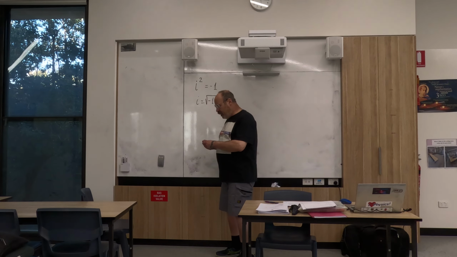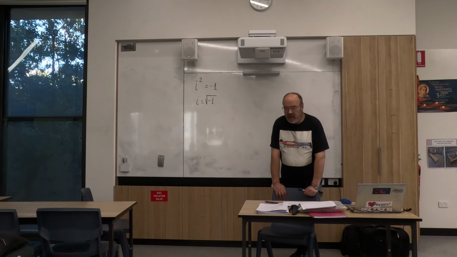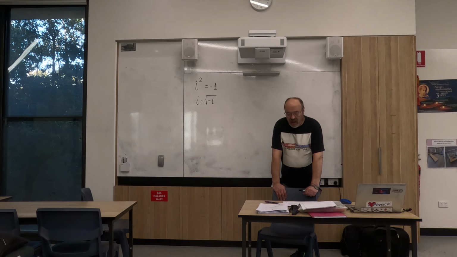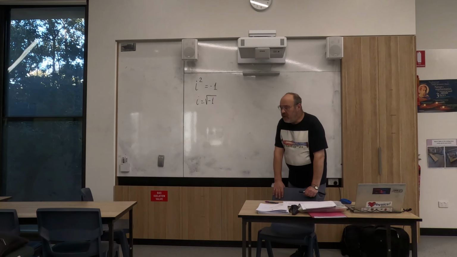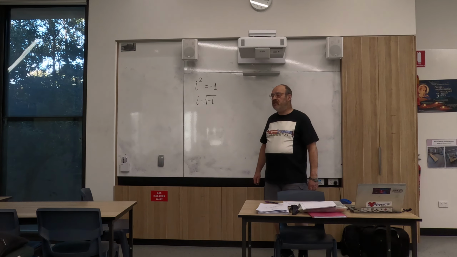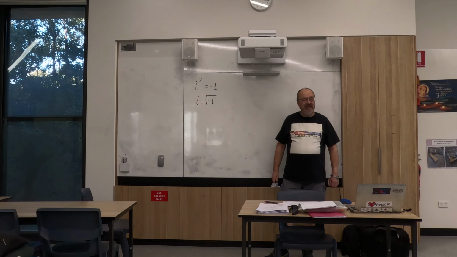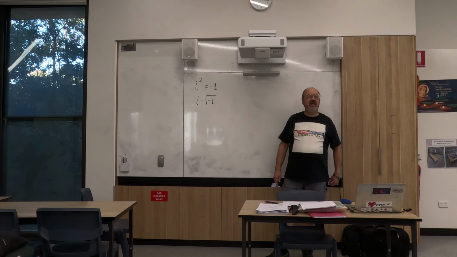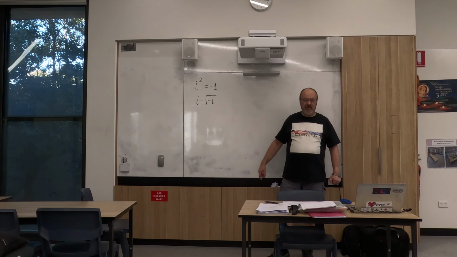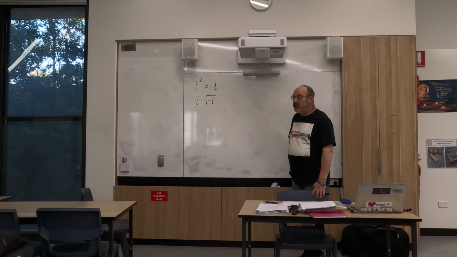The first idea about the possibility of taking roots of negative numbers was first mentioned by the ancient Greek Heron. Remember Heron's formula for the area of a triangle? The same Heron: the square root of the semi-perimeter p times p minus a, p minus b, p minus c. The same guy started introducing the idea of taking the square root of negative numbers.